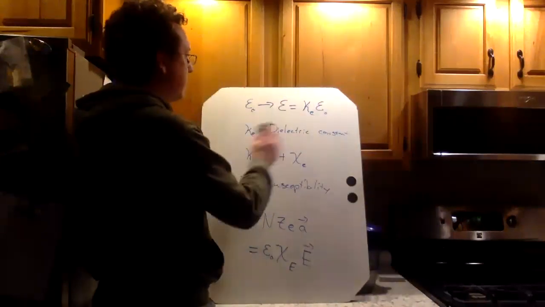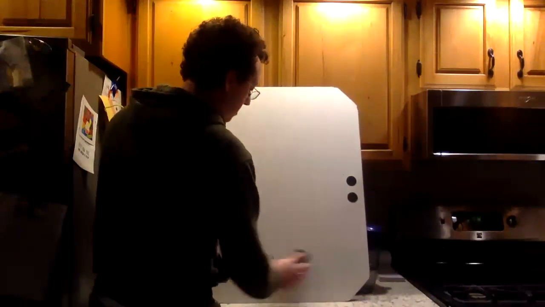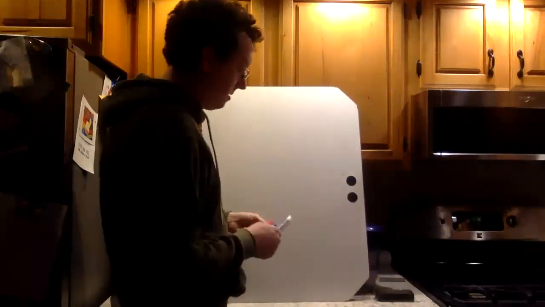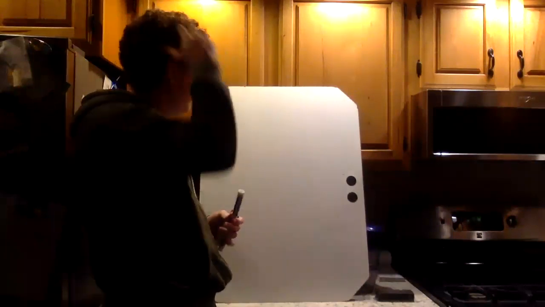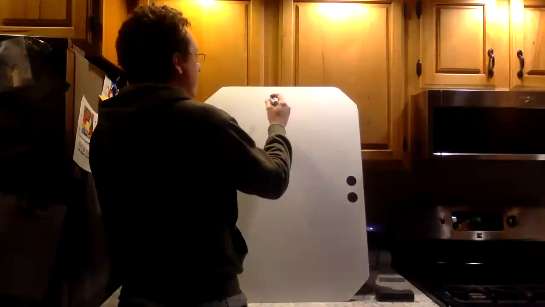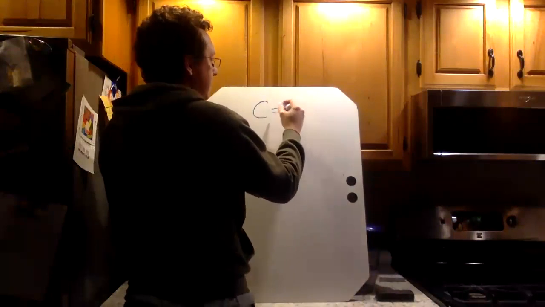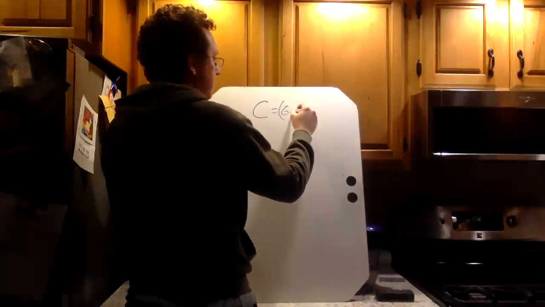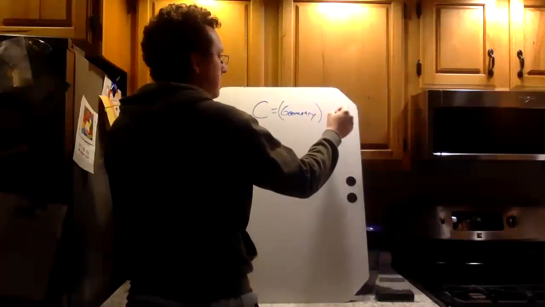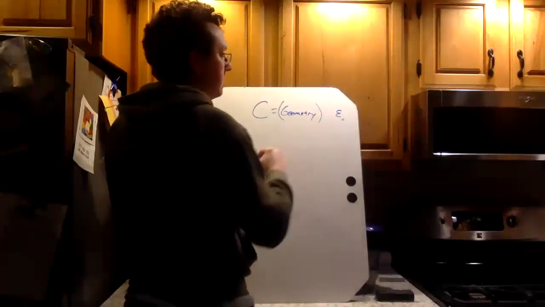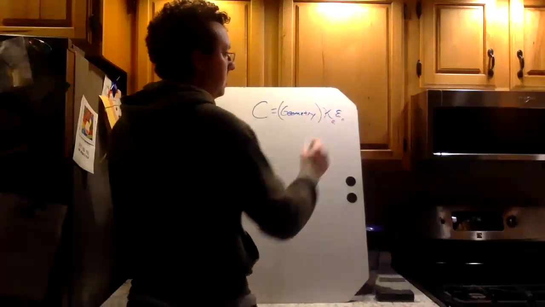Okay, so that's the microscopic view on what a dielectric material is. The other thing I wanted to talk about is what happens there. Remember, capacitance, C, is always some sort of geometry stuff times epsilon naught, or in the presence of a dielectric material, times kappa epsilon naught.